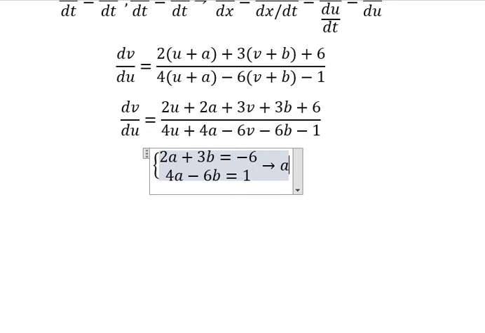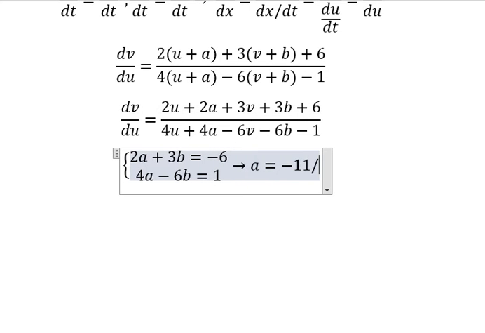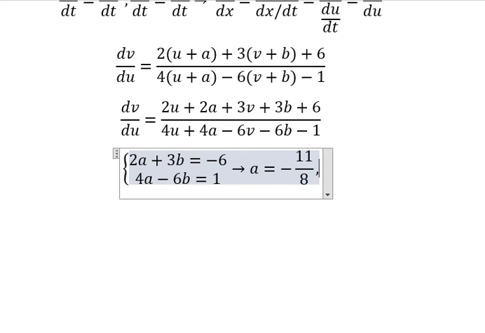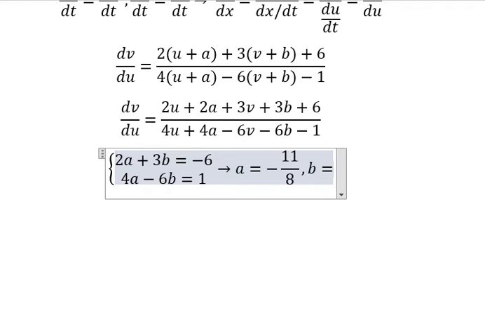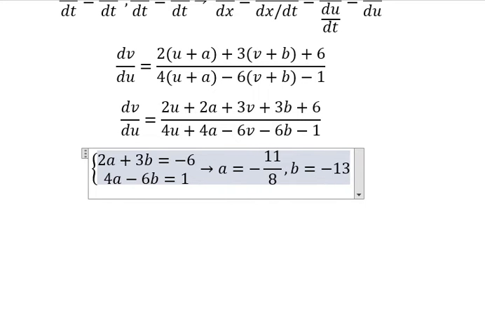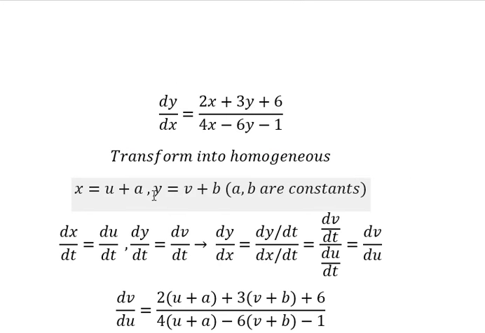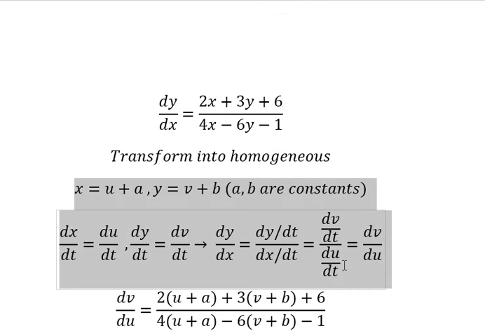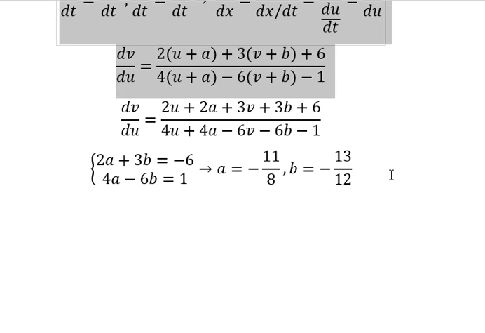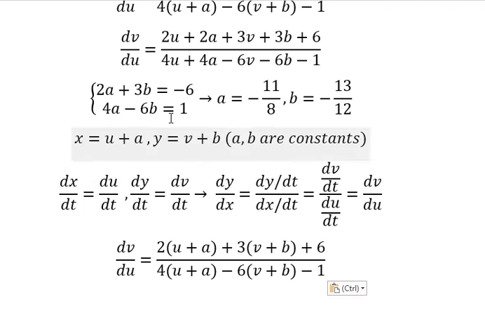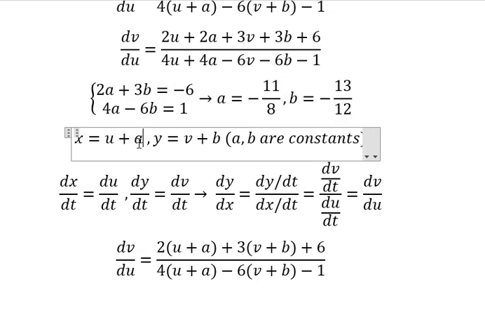So a equals negative 11 over 8, b equals negative 13 over 12. So if we have this one, we go back in here. So I will put a go in here.